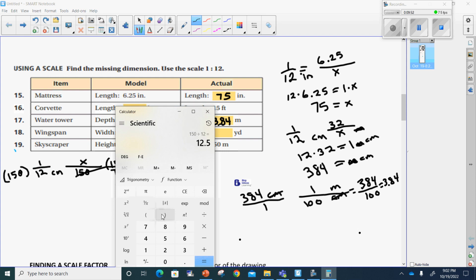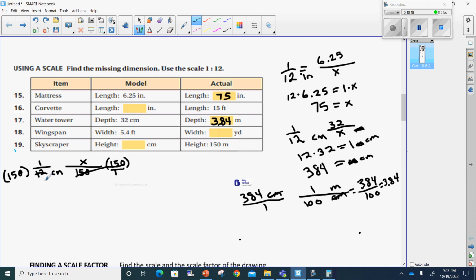Let's try that instead. 150 divided by 4. Oops, messed that up. 150 divided by 4 won't give me anything either, but I know 150 divided by 3 will. That's going to give me 50. So I'm going to take 12 and divide it by 3 and get 4.